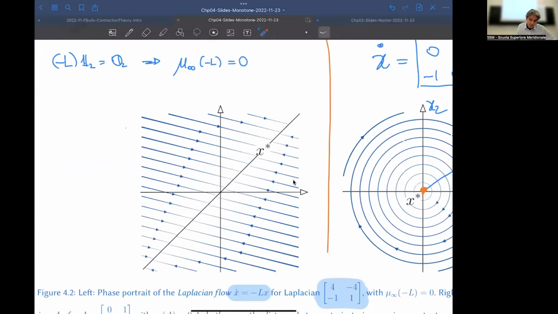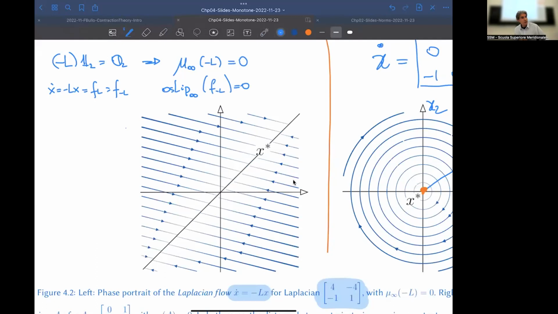Notice that this is minus L. I didn't bring the minus outside. You may not do that, then you get something wrong. So again, if I define x dot equal to minus Lx, I call this f sub L, or maybe I should call it f sub minus L to drive myself crazy, then the OSL with respect to the infinity norm of f minus L is 0.